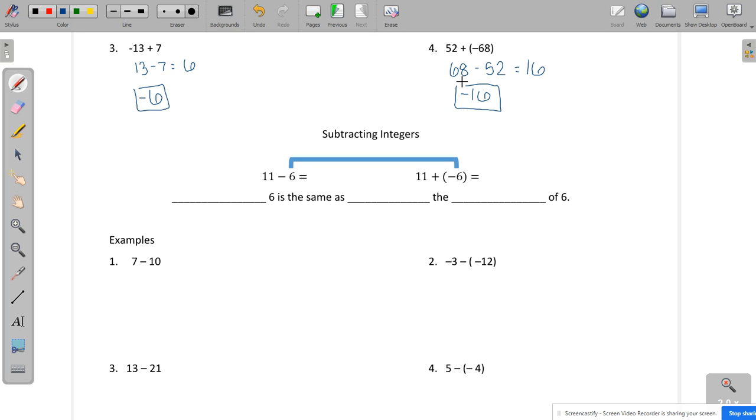Okay, now let's look at subtracting integers. So subtracting 6 here is going to be the same thing as adding the negative.